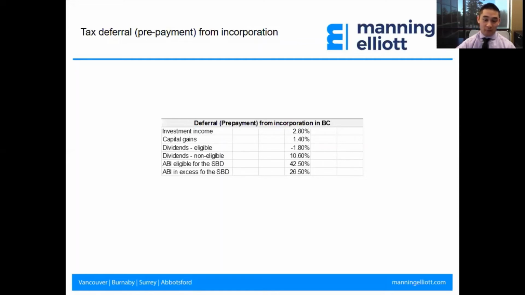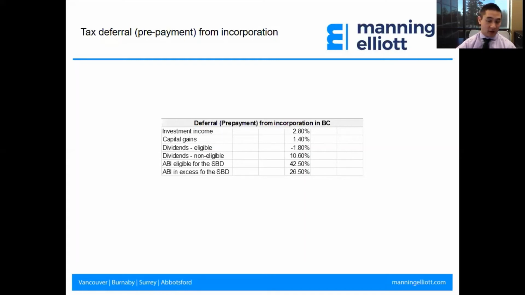earned as portfolio dividends. So let's say you have marketable securities, and you receive dividends on those marketable securities. The corporate tax that you pay on that is 1.8% higher than the tax you would be paying as an individual.